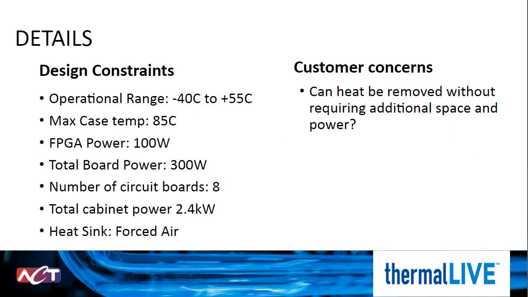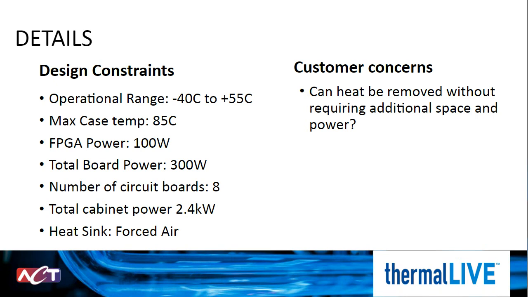Our inverter cabinet will need to operate in a range of -40 to +50 degrees Celsius. Now, most power electronic devices have a case temperature rating of about 85 degrees Celsius. And the FPGAs in the inverter cabinet are typically the cause for most of the waste heat. For this application, the FPGA has a waste heat of 100 watts.